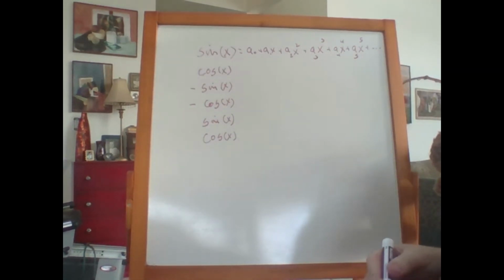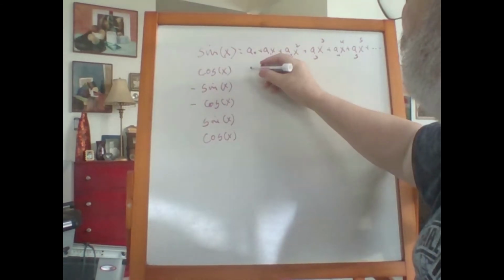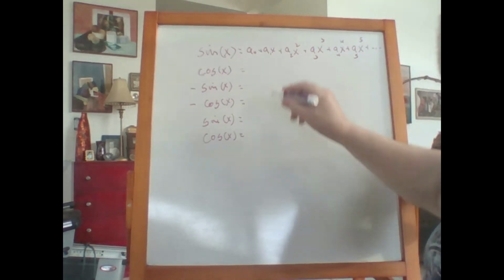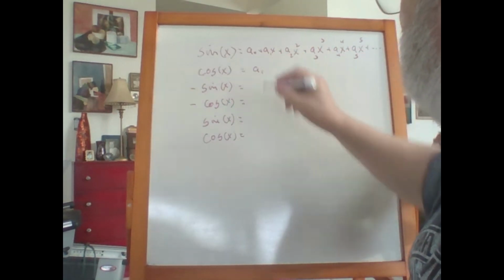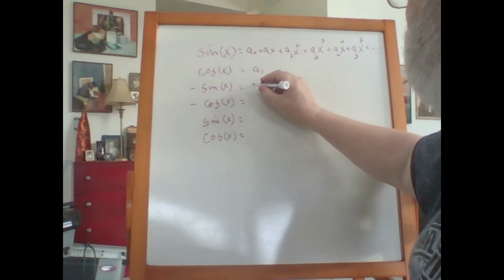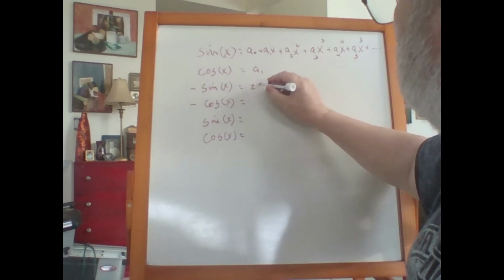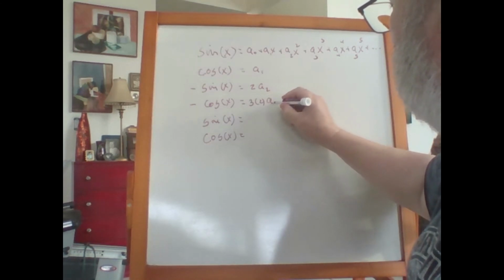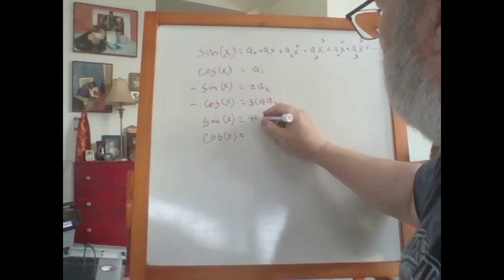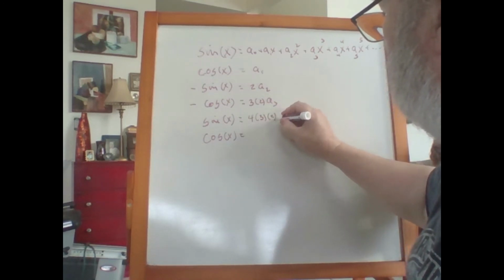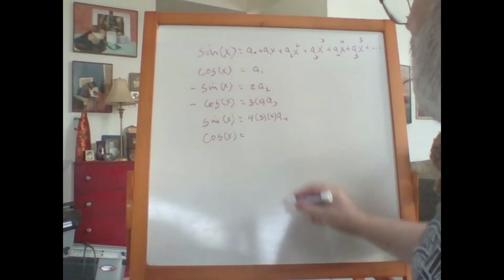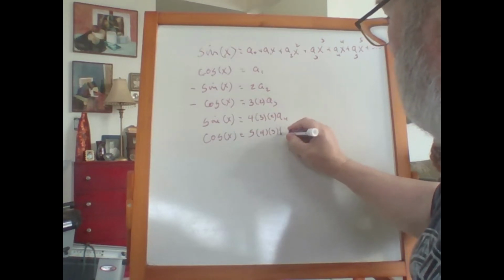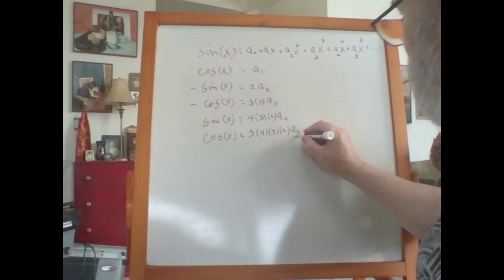Okay, now our coefficients are going to be a1, 2a2, this is going to be 3 times 2a3, this is going to be 4 times 3 times 2a4, this is going to be 5 times 4 times 3 times 2a5.